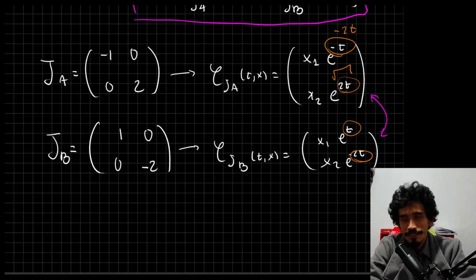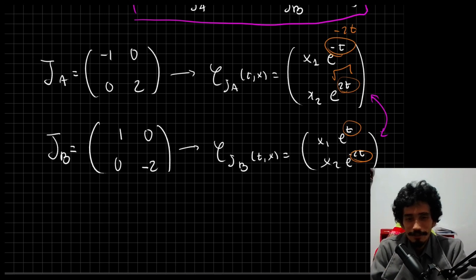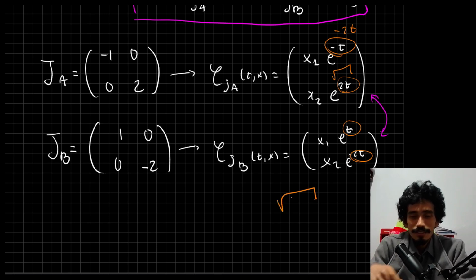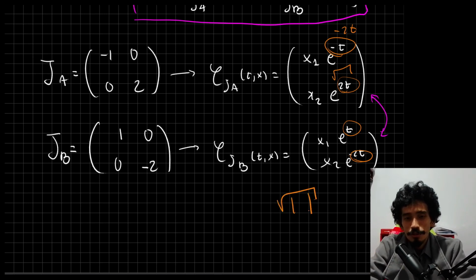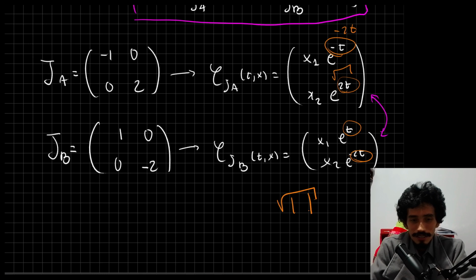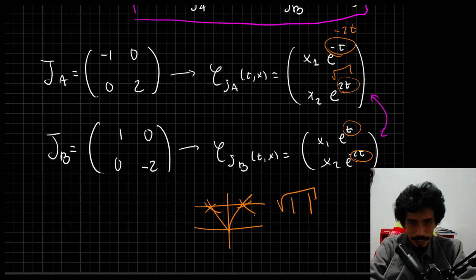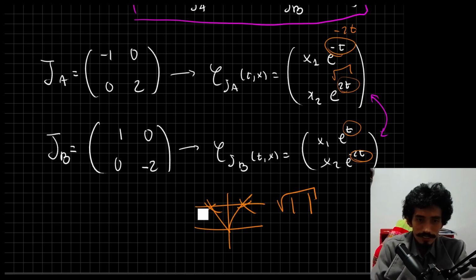So square roots are not bijections from R to R, because it's only defined on the positives. So a first idea would be to make the square root of some absolute value, but absolute values are not bijections because the graph is like this, right? So it doesn't work.